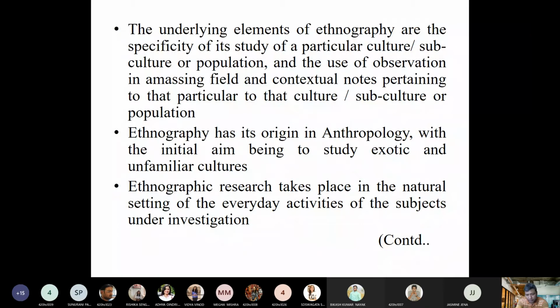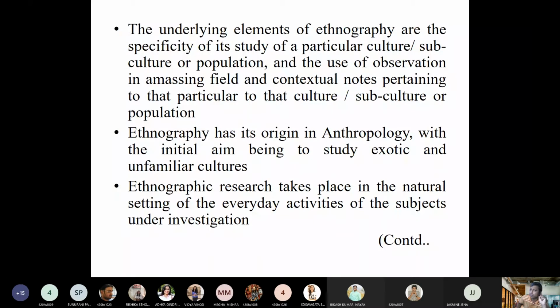This is the underlying intention of an ethnographic study: we are exploring a specific aspect of a particular culture, subculture, or population.